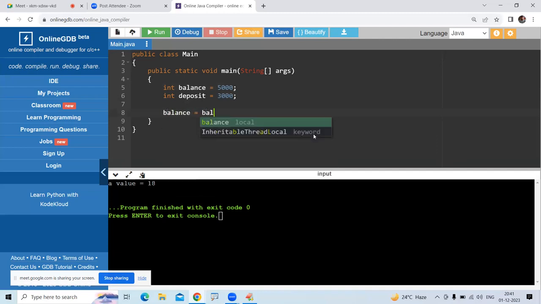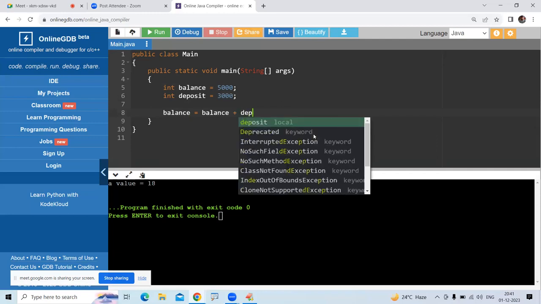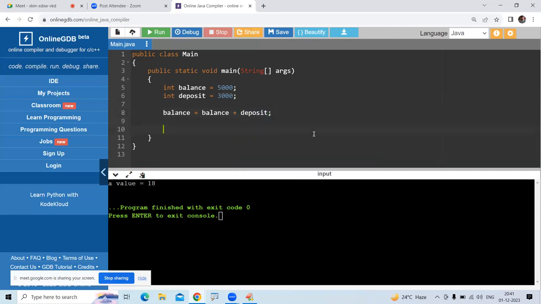Deposit means that will be added to the balance. Balance is equal to balance plus deposit amount. Then when you are printing, the balance in account is just that balance printing. What is the output?